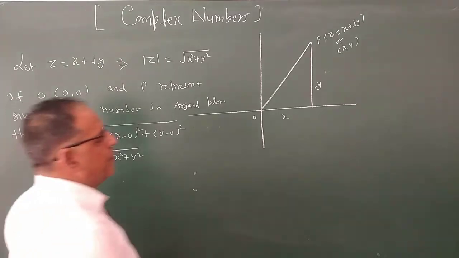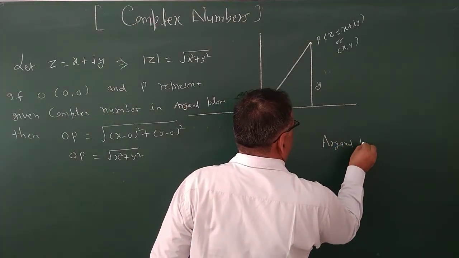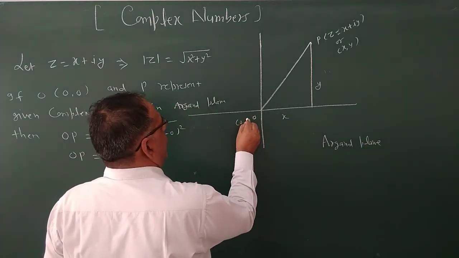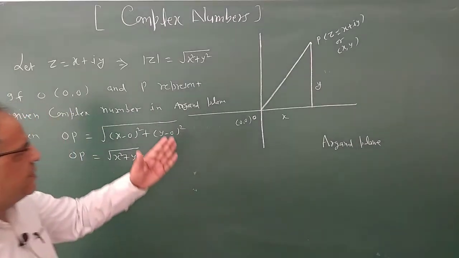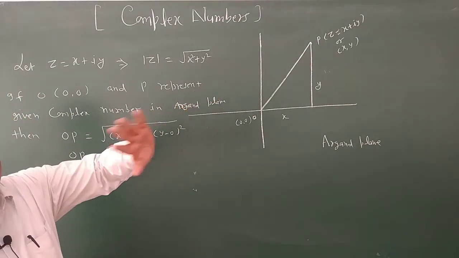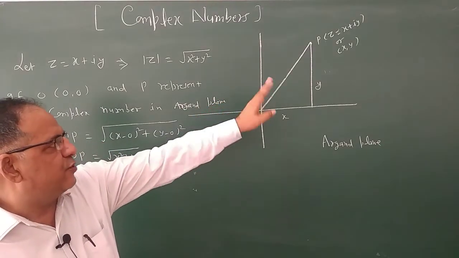This is our Argand plane. So if O is the point origin whose coordinates is always 0 0, P is the point in Argand plane represent the complex number z equal to x plus iota y. This also can be represented in ordered pair form by x comma y.